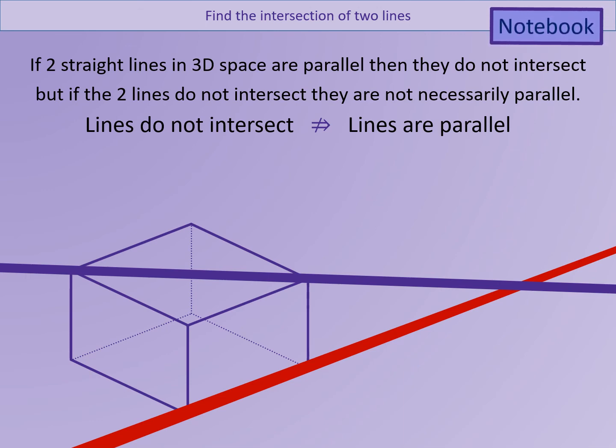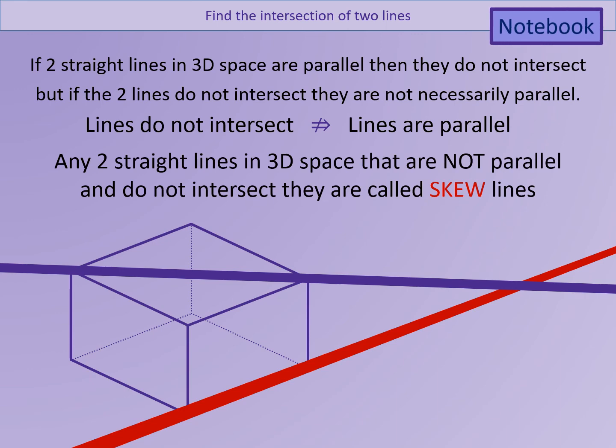However, because one passes along the base of the cuboid and the other passes along the top of the cuboid, we can see that the two lines will never meet. They will reach a point where they're at their closest, but then they will pass each other and not meet. This situation in 3-dimensional space is called skew. So two lines that are not parallel but also do not intersect each other are called skew lines.